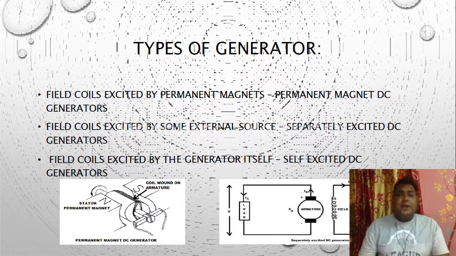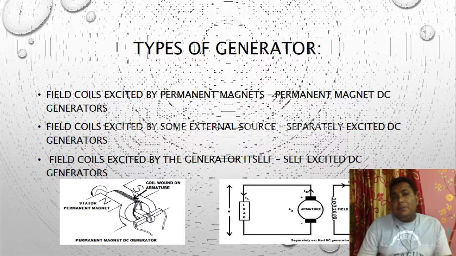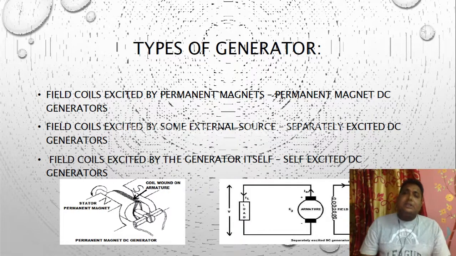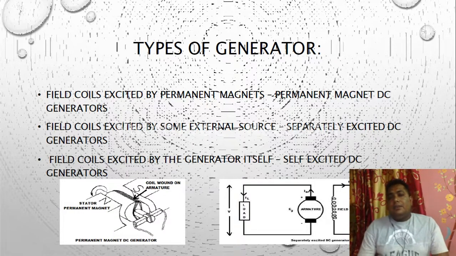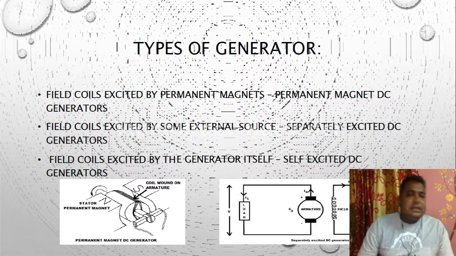And the field winding is on the magnetic pole. And what is the magnetic pole? It is on the stator. The stator is a stationary part of the machine, so the field winding is a stationary one.